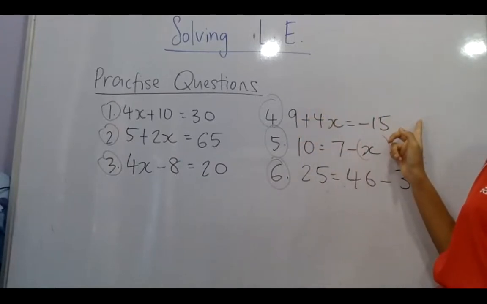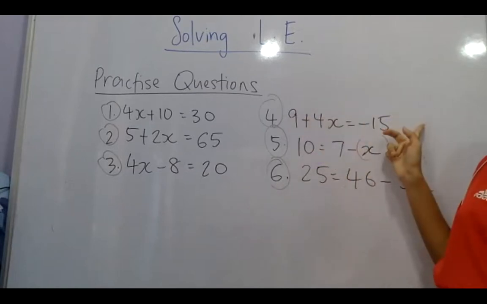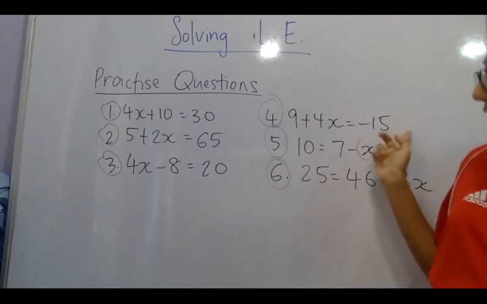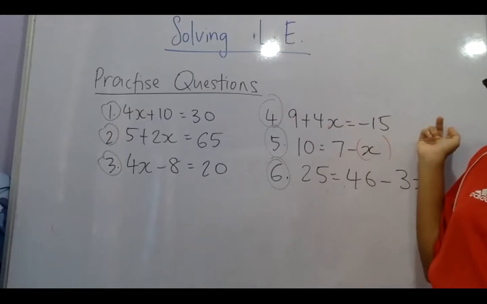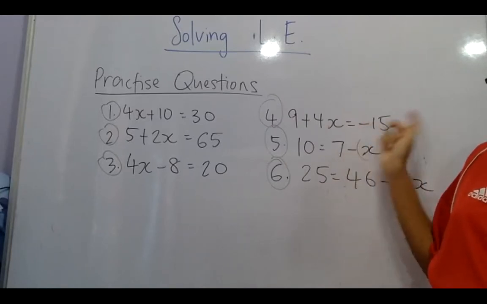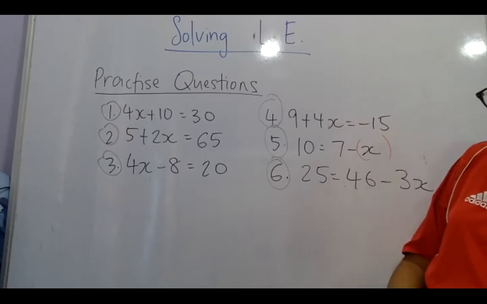Yeah. So 4x it will be equal to negative 15 minus 9. Mm-hmm. Negative 15 minus 9 will be negative 24, correct? Yeah. So 4x equals to negative 24. X will be negative 24 divide 4, which will be negative 6.